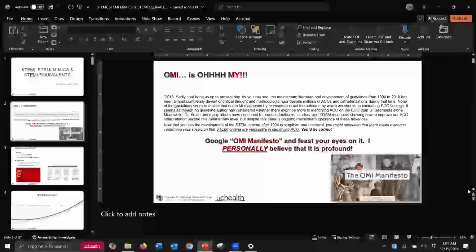nomenclature that really is kind of old, right? If we think about it, we have these canned statements that we tell patients, that just because our 12 lead doesn't show you having a myocardial infarction, you may still be. True. OMI is kind of a new nomenclature that's coming about.